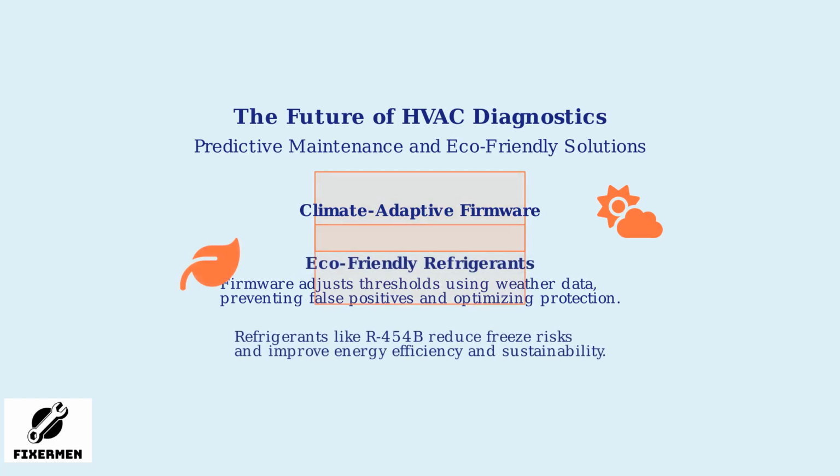The transition to eco-friendly refrigerants, such as R454B, aims to minimize freeze risks while enhancing overall system efficiency and environmental sustainability. These innovations promise a future where manual troubleshooting is minimized, with projections showing a 40% reduction in manual fixes by 2028 through AI-driven predictive maintenance and eco-friendly technologies.